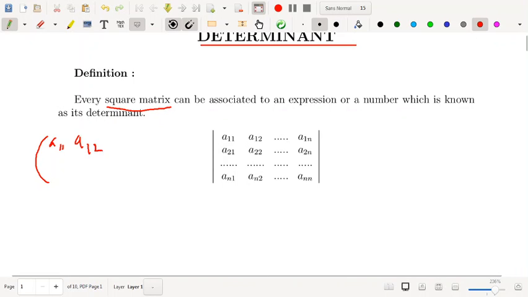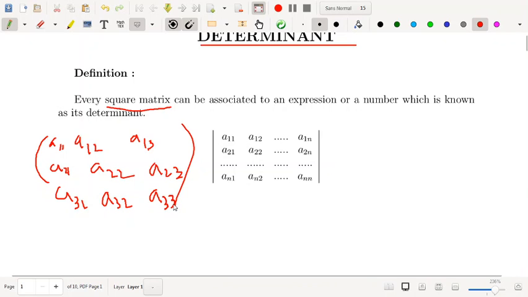So, I am writing one matrix: A11, A12, A13 and A21, A22, A23 and A31, A32 and A33.